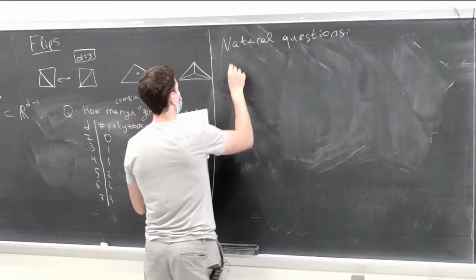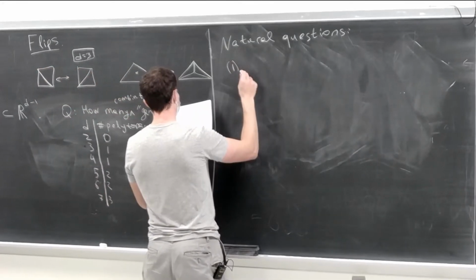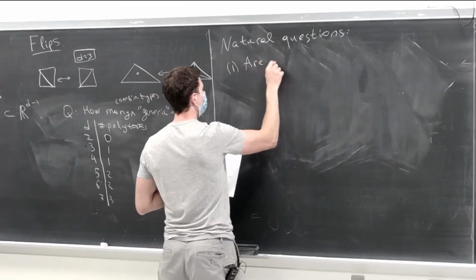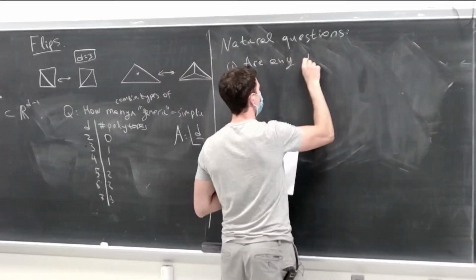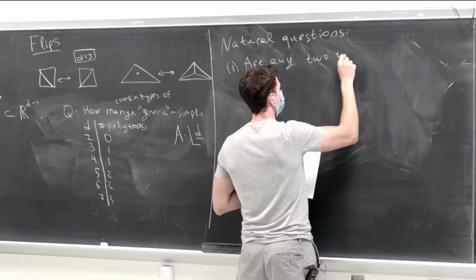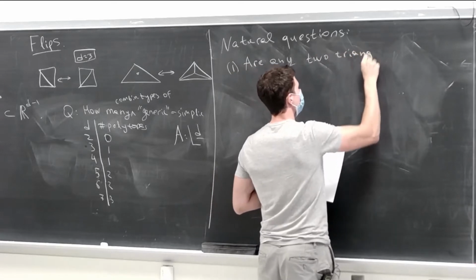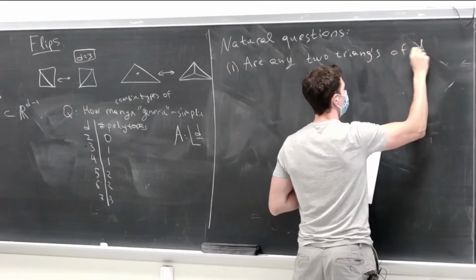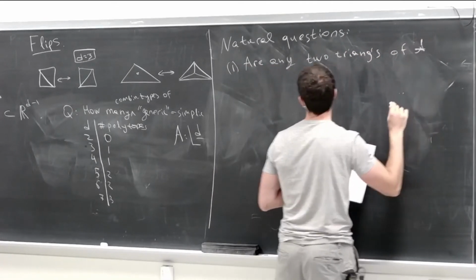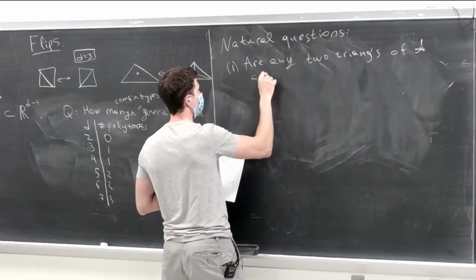So question number 1 is, are any two triangulations of A connected by a sequence of flips?